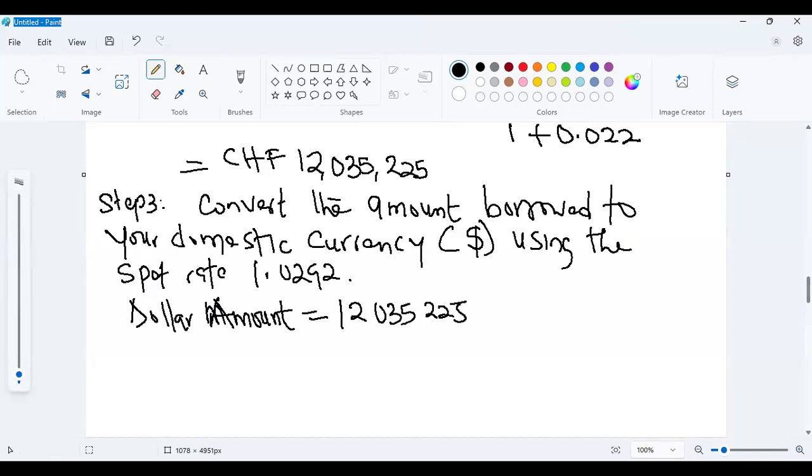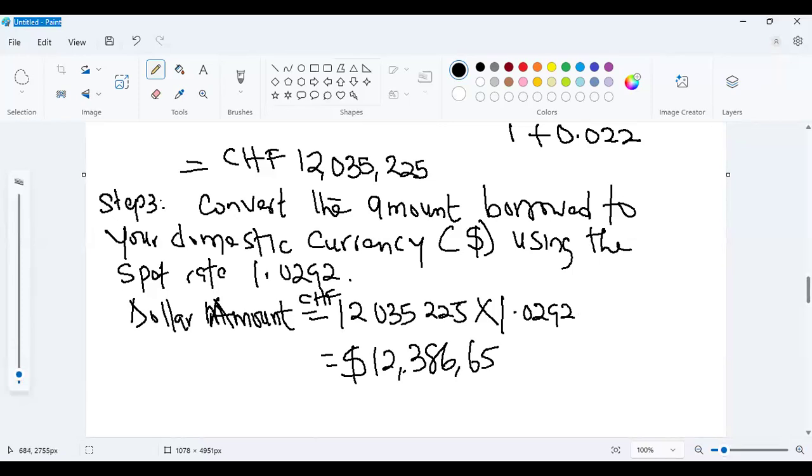Of course, under indirect quotes, you are going to multiply to convert to domestic currency. Multiply by 1.0292. That will give you the dollar amount. You convert the CHF to dollar. 12 million 386,654. So you have converted to your own domestic currency.